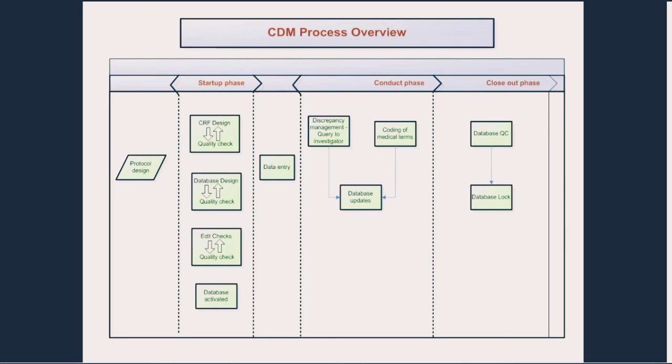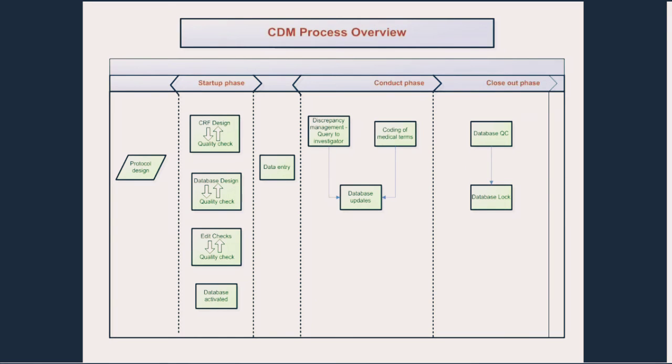In the conduct phase, discrepancy management takes place. It is one of the most important parts of the conduct phase, where queries are raised to the investigator, and after all the issues are resolved in discrepancy management, the data is marked as clean data.